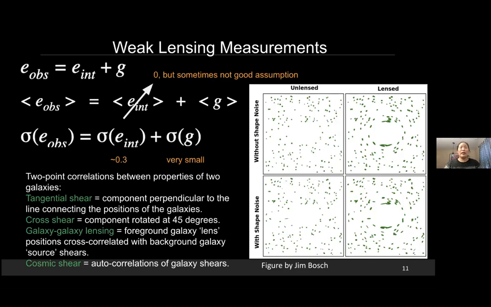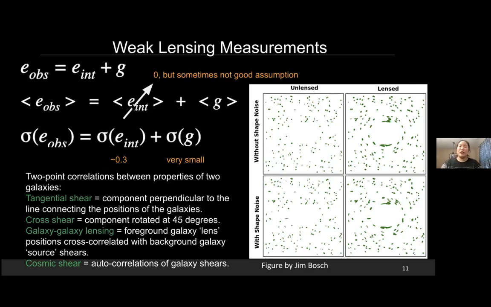But if we look at measurements over lots of galaxies in the sky, and start to take averages, then if we take the mean of all of these quantities over a large number of galaxies, we can say that the mean observed ellipticity is equal to the mean intrinsic ellipticity plus the mean lensing shear that was applied.